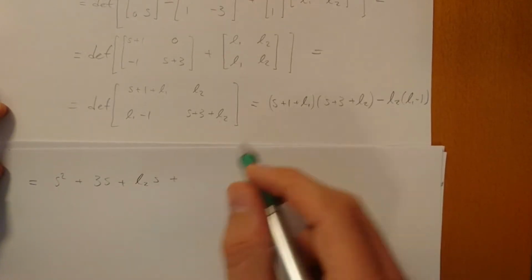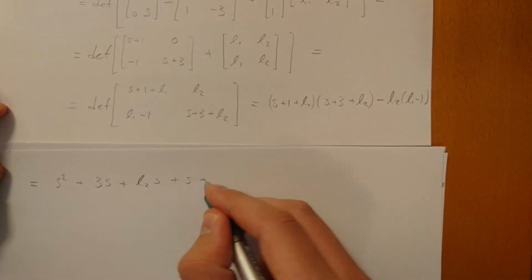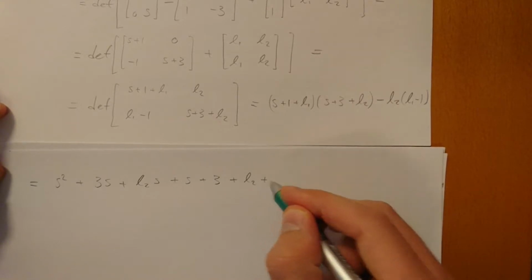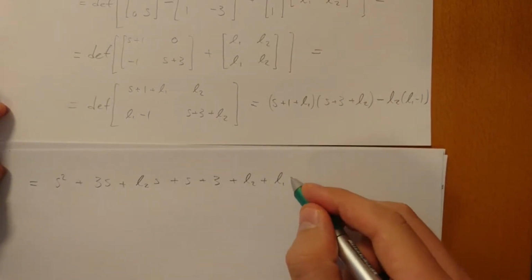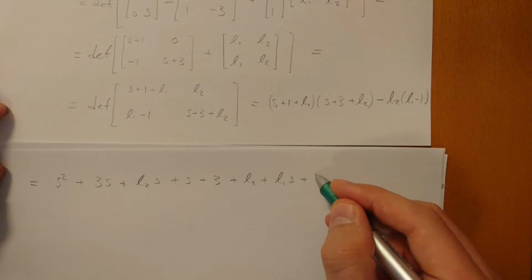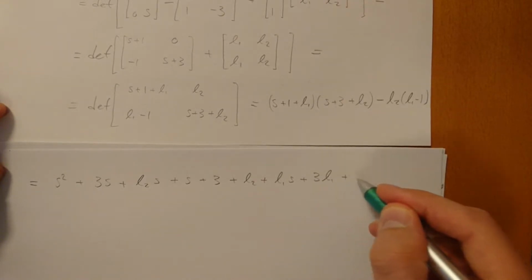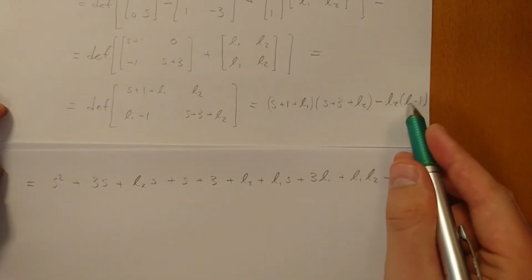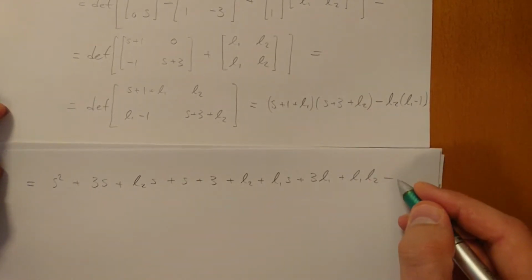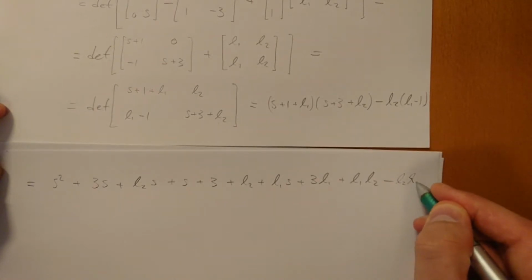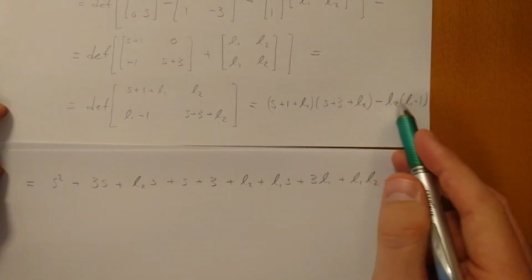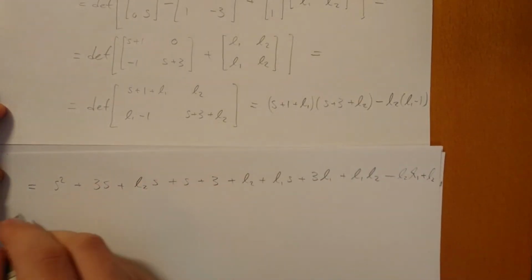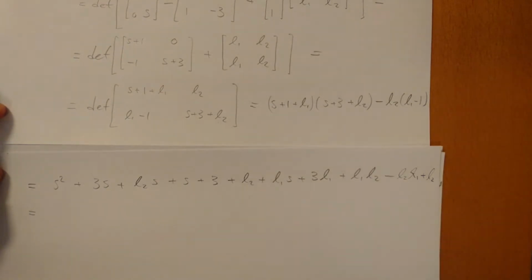And then we have plus 1 times s, s plus 1 times 3, 3 plus L2. And then plus L1 times s plus 3L1 plus L1 times L2. And then minus L2 times L1. And then minus L2 times minus 1, which is plus L2.